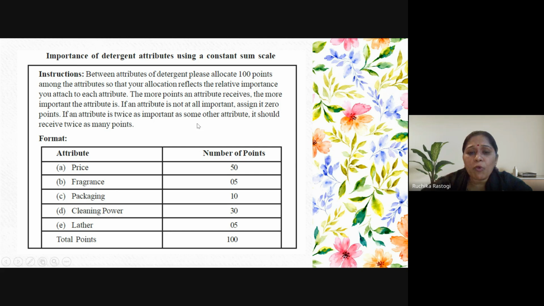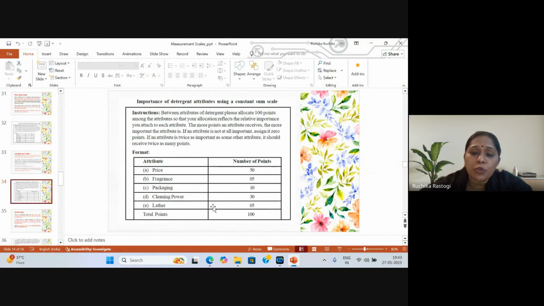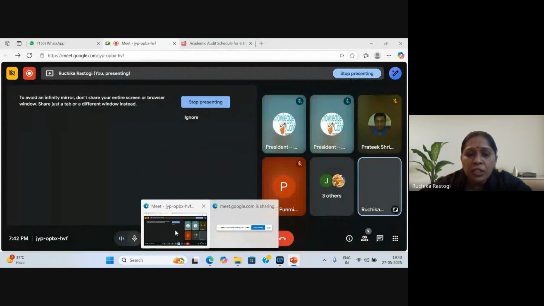The company is giving maximum points to the price, so price is okay. What needs to be done with this detergent powder? There are two concerns: one is fragrance, and second is lather. Lather means foaming. The foaming is not good, and the fragrance is not good. So likewise, this particular method can be used to take responses from the respondents.